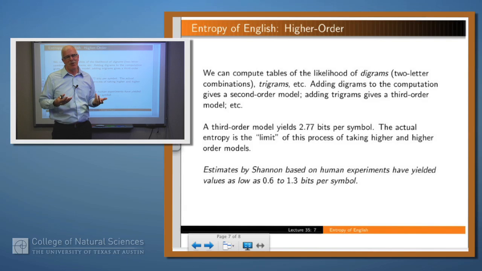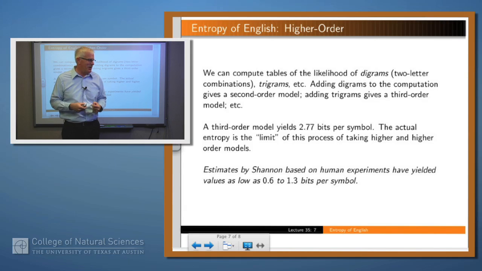But Claude Shannon, the guy who came up with this whole theory, did some experiments based on asking people to fill in missing chunks of text, I think, and he came up with an estimate that English has an entropy of somewhere between 0.6 and 1.3 bits per symbol. What that says is that each letter in an English word really only conveys about 1 bit of information. And that really is pretty amazing, I think.